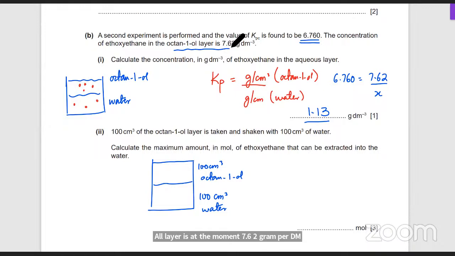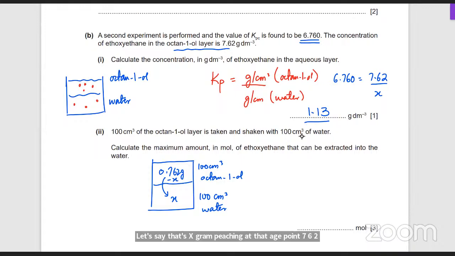That's going to be 0.762 grams. But 1000 cm cube it's 7.62 grams. So in 100 cm cube it's going to be 0.762, right? ये clear है? Yes. So if it is shaken with water, a certain amount is going to go into water. ठीक है, let's say that's x gram. पीछे कितना रह जाएगा? 0.762 minus x, right?